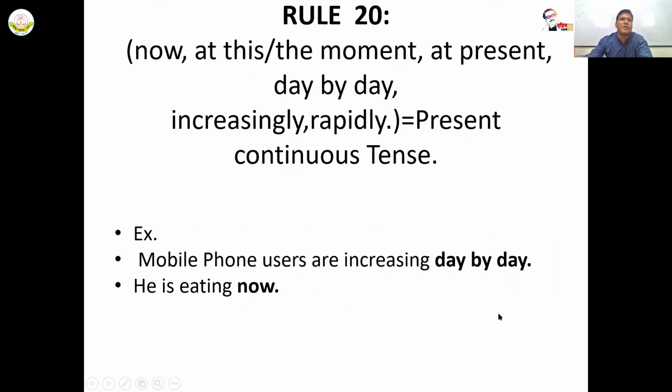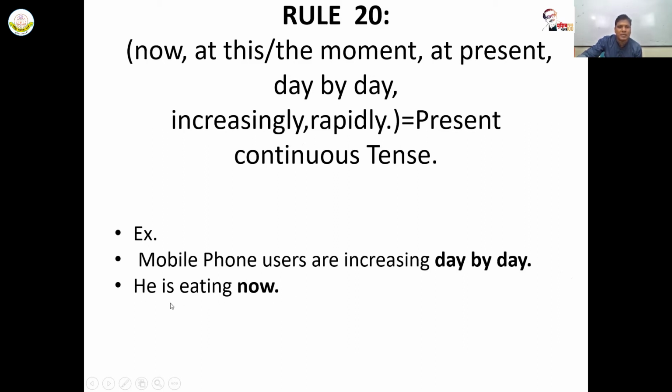And now, rule 30. Now, at this moment, at the moment, at present, day by day, increasingly, graphically are used in the continuous tense. For example, mobile phone users are increasing day by day. That means it takes the present continuous tense. And he is eating now.